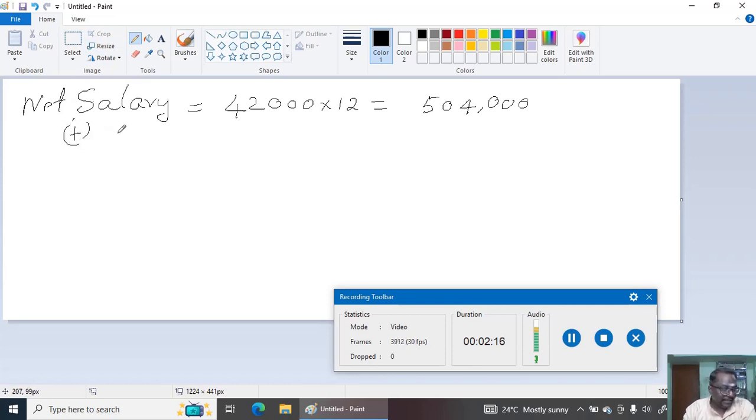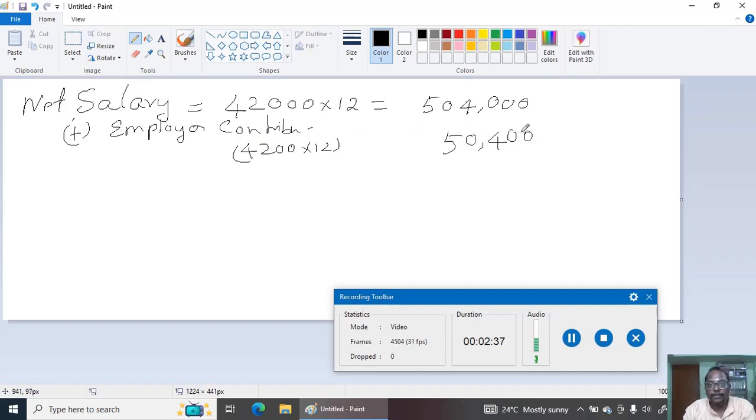So what is that deduction? Employer contribution. That comes to 4,200 per month. So for 12 months it comes to 50,400 rupees.